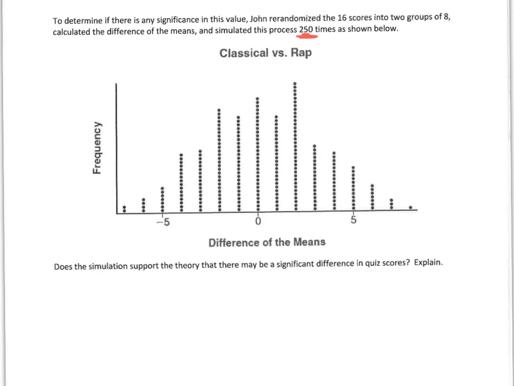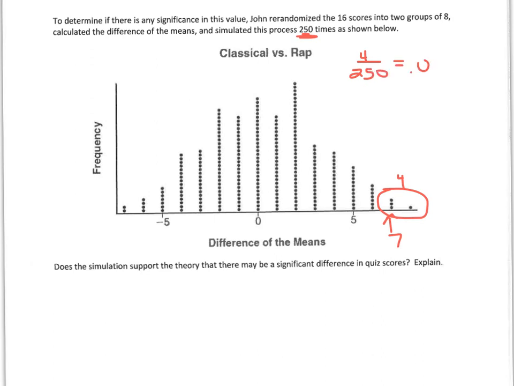So here's where 7 is, and we want to look at this value, a difference of 7 or anything even more extreme. So that occurred 4 times, right? Just count the dots. 1, 2, 3, 4 out of the 250 dots, the 250 simulations that we see here.